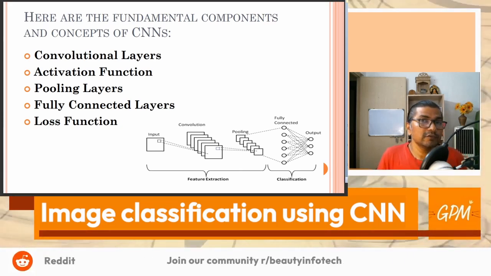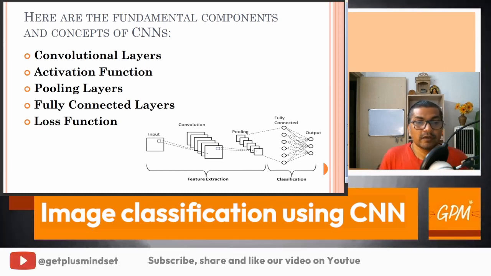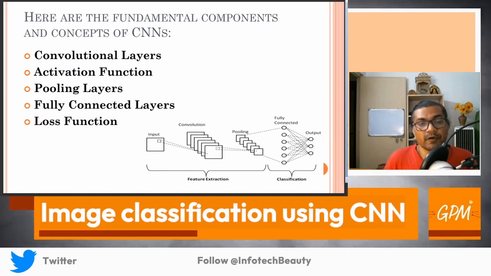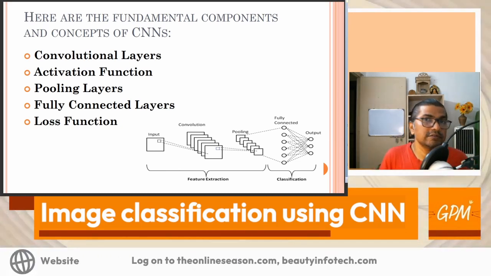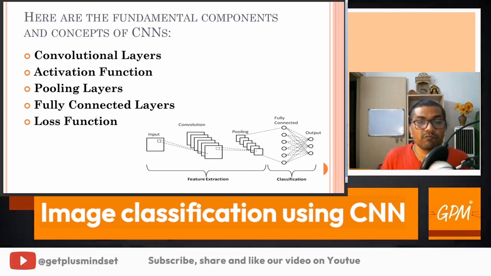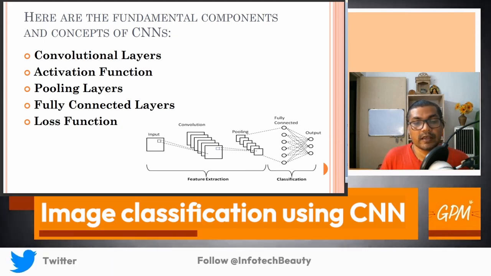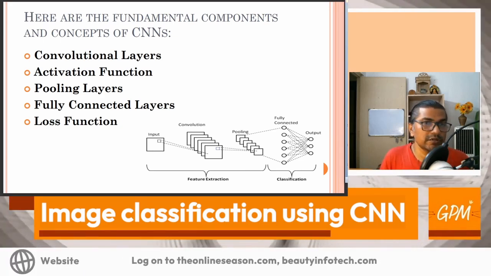Convolutional neural networks have demonstrated exceptional performance in a wide range of computer vision related tasks, and they are contributing significantly to the advancement of the computer vision field. Using them you can do object detection, image generation, and so on.